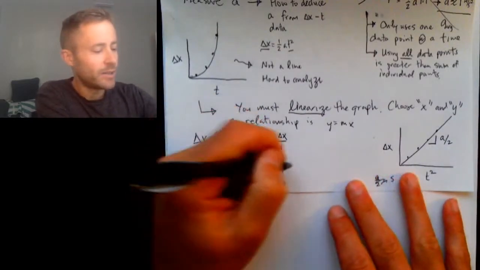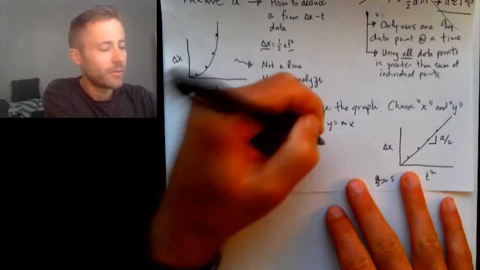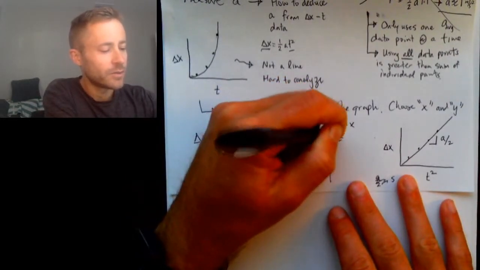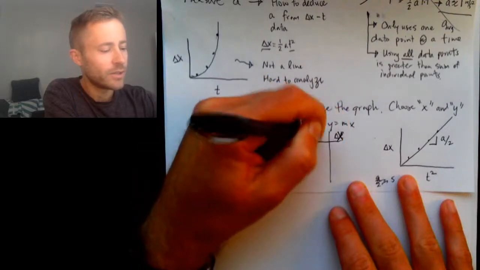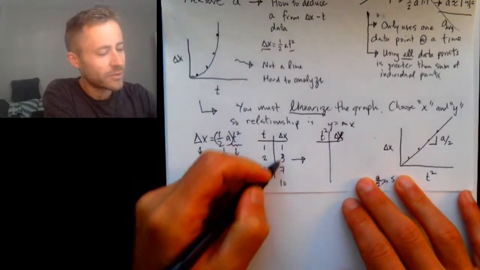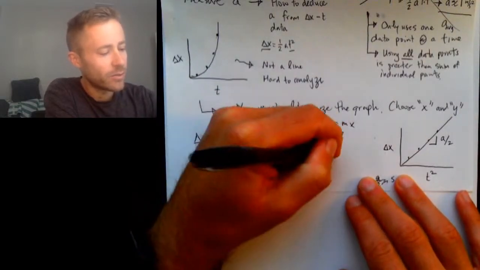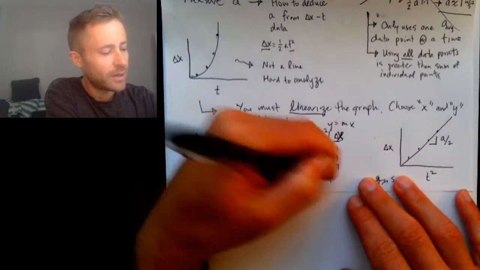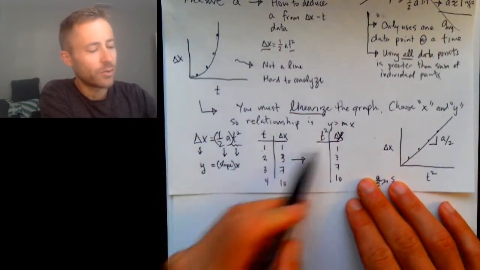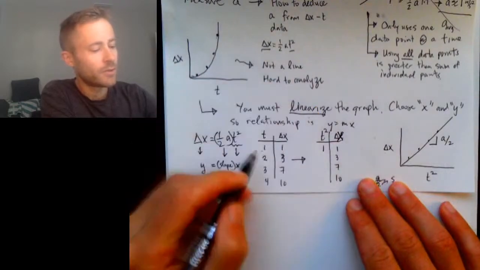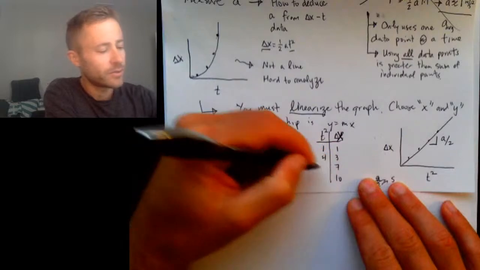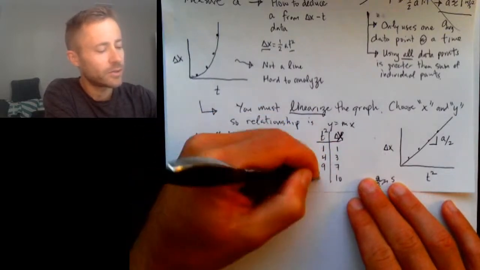If you made a data table of delta x versus t squared, you're keeping all of the delta x's the same. So 1, 3, 7, 10. But the corresponding times you're going to square. So 1 squared is 1, 2 squared is 4, 3 squared is 9, 4 squared is 16.